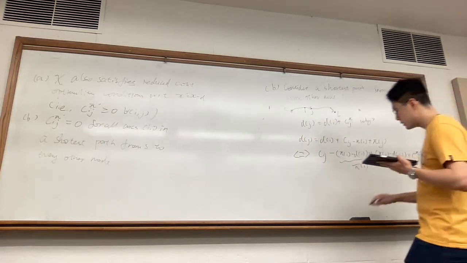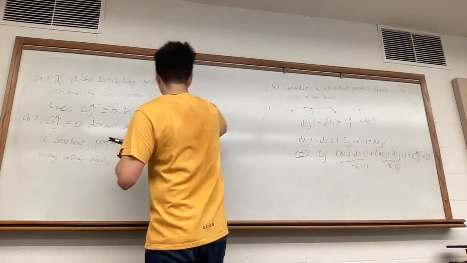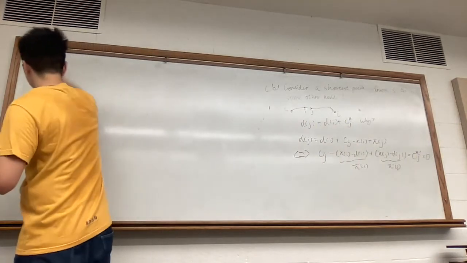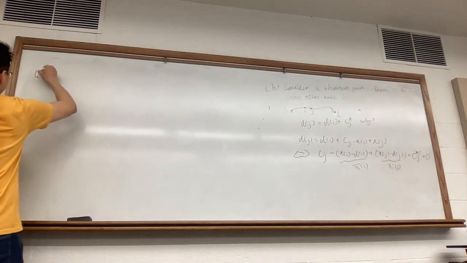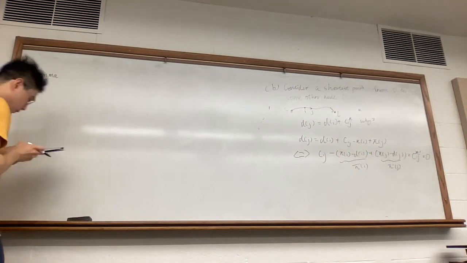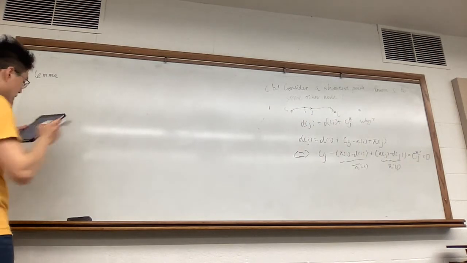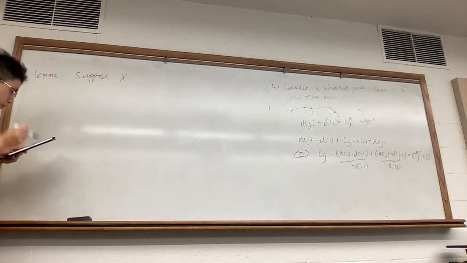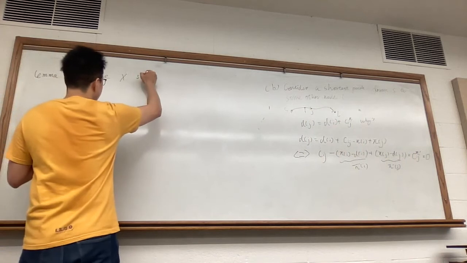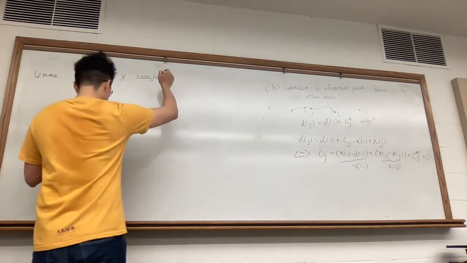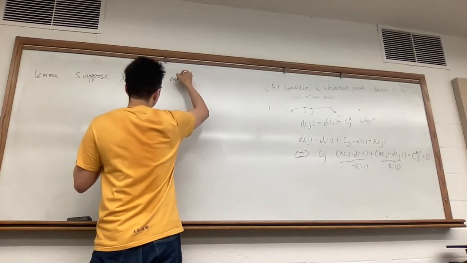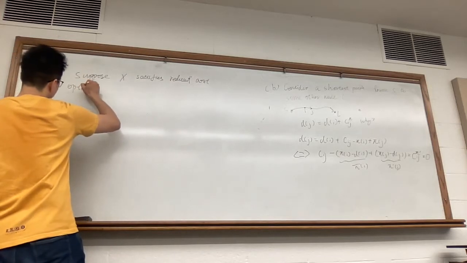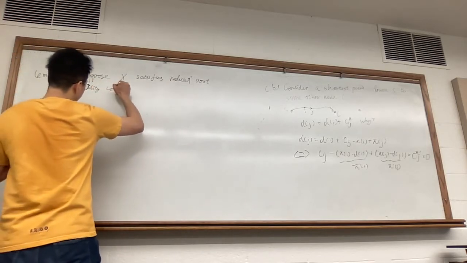Okay, this is for the first lemma, and we have another lemma. Also, let's suppose we have some pseudo flow X, and it satisfies the reduced cost optimality condition.